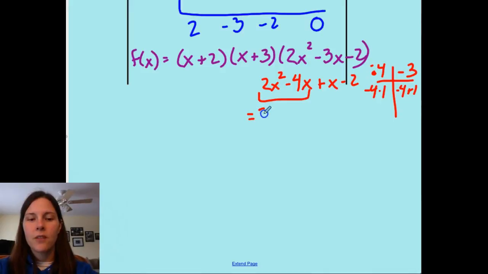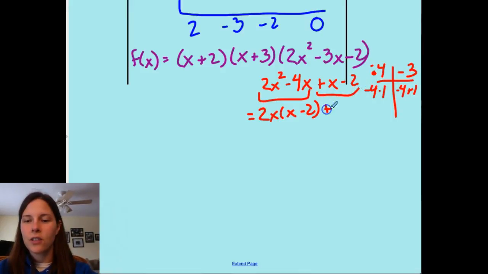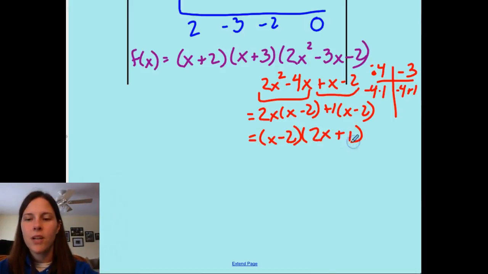So we have a GCF of 2x from our first 2 terms, and a GCF of 1 from our second 2 terms. Then we have a GCF of x minus 2. Factoring that out, we're left with 2x from the first term and a +1 from the second term.